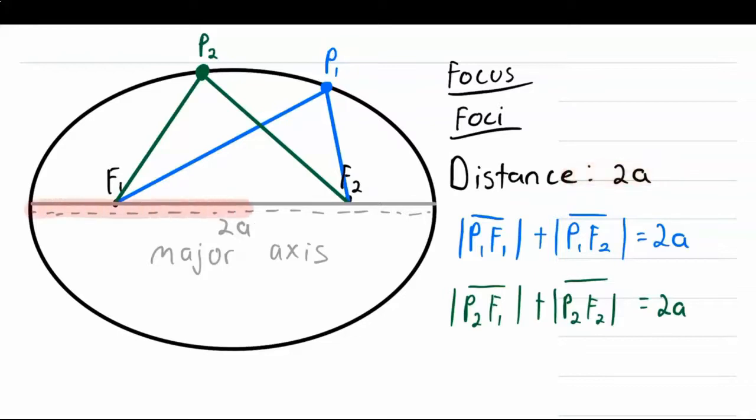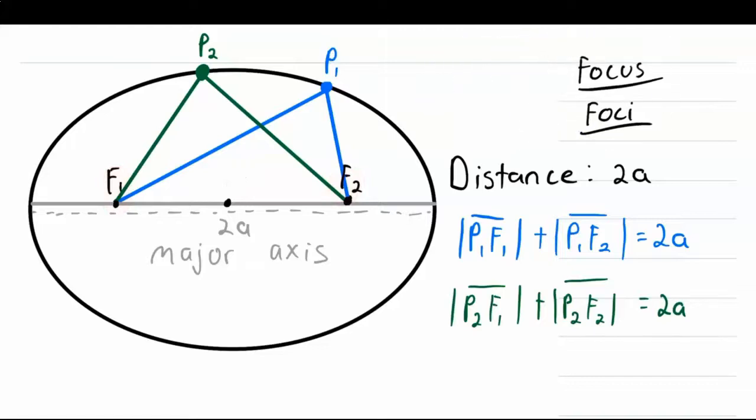We can talk more about exactly why that's true another time, but it's certainly a beautiful property to keep in mind. Alright, now let's focus on the two foci of the ellipse again, pun completely intended. Consider the midpoint of the line segment connecting the two foci. That midpoint is about right there. So this point is equidistant from F1 and F2.